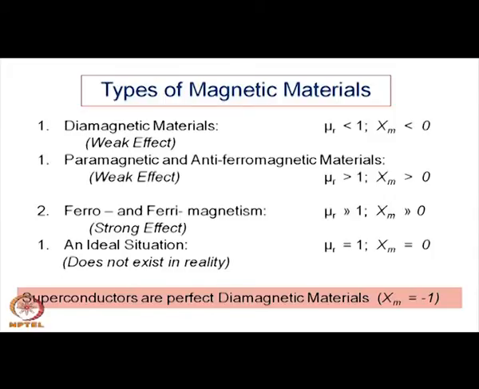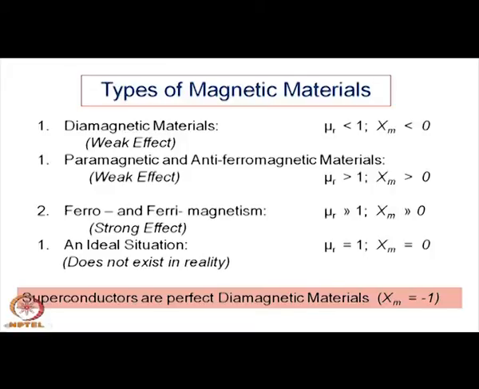Well, with this background, let us keep that aside and let us go to the phenomenological description of different kinds of materials based on what we discussed initially, that is the permeability and the susceptibility terms, two different terms. That is the kind of response of the different materials or the atoms or the crystal structures to the external magnetic field.